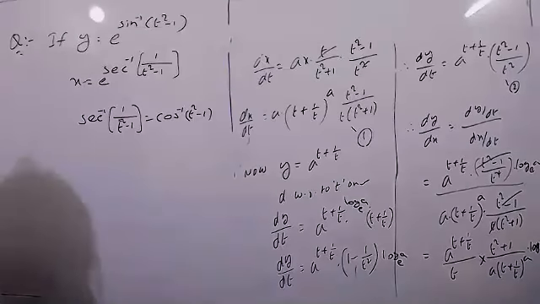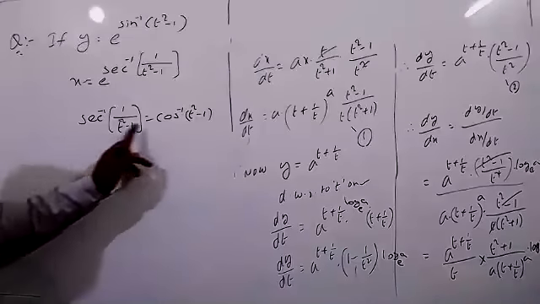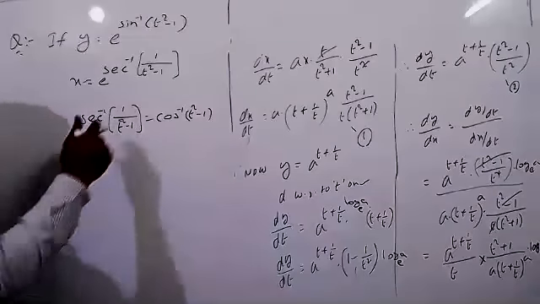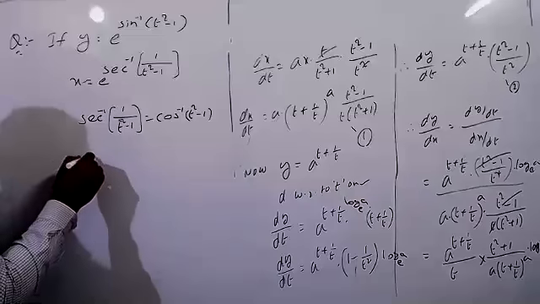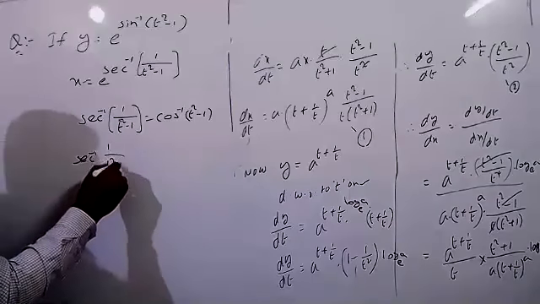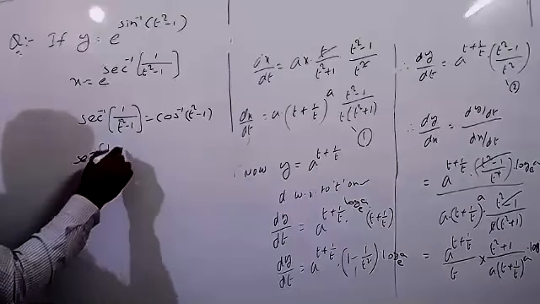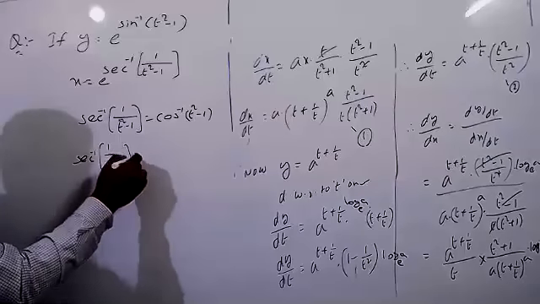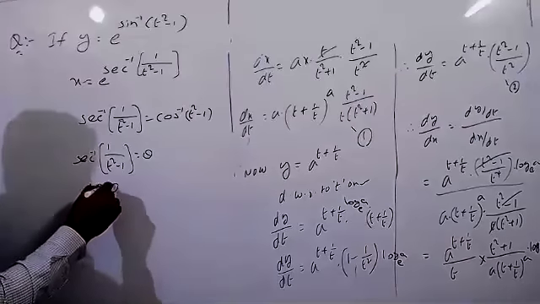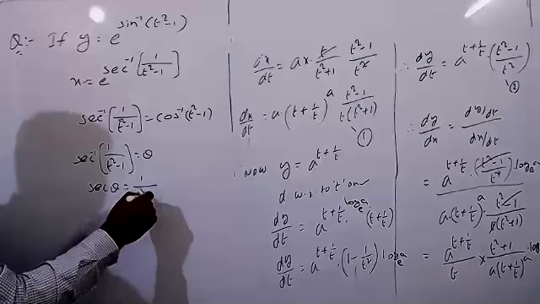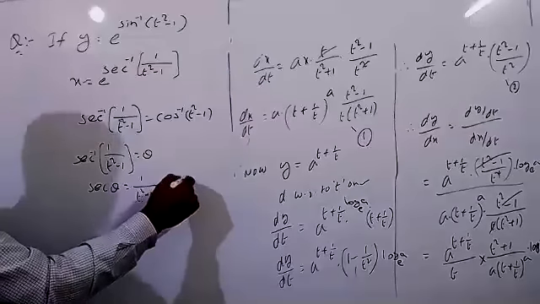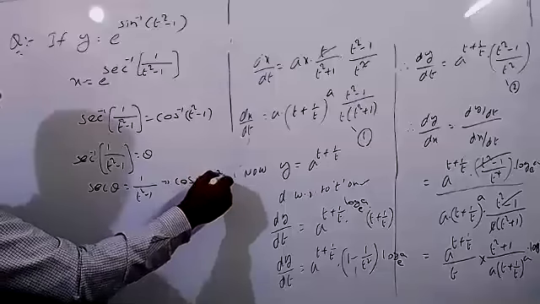Is it correct now? Are the two the same? Once you can check it. Suppose secant inverse of 1 by t square minus 1 equals theta. Then secant theta equals 1 by t square minus 1. That implies cos theta equals t square minus 1 only.